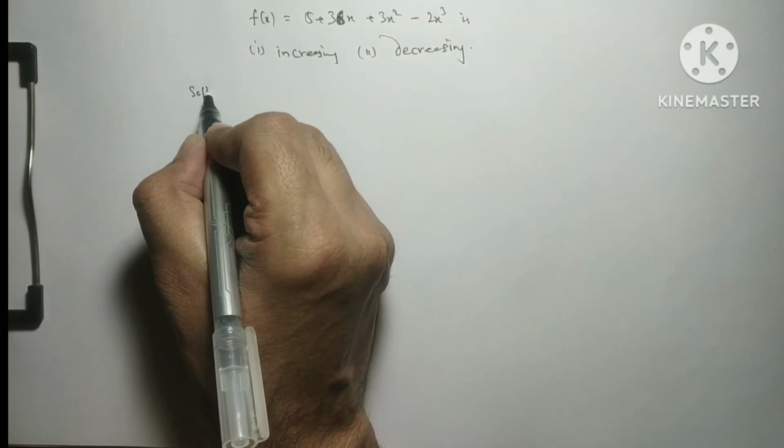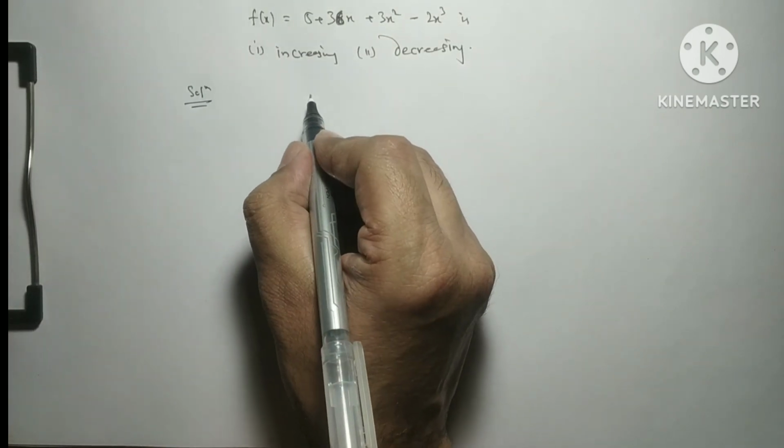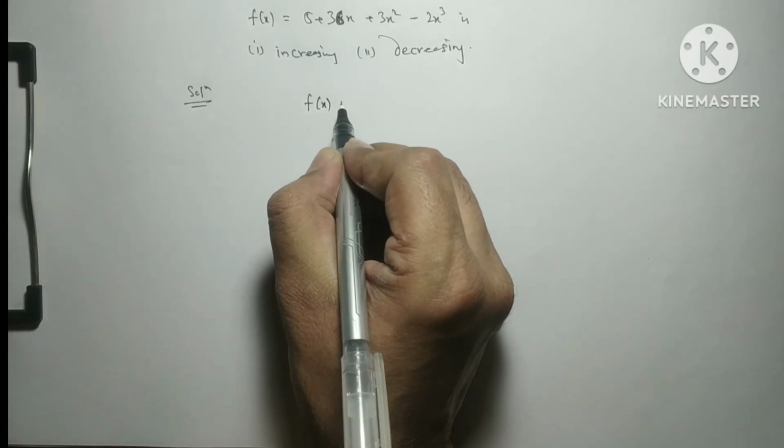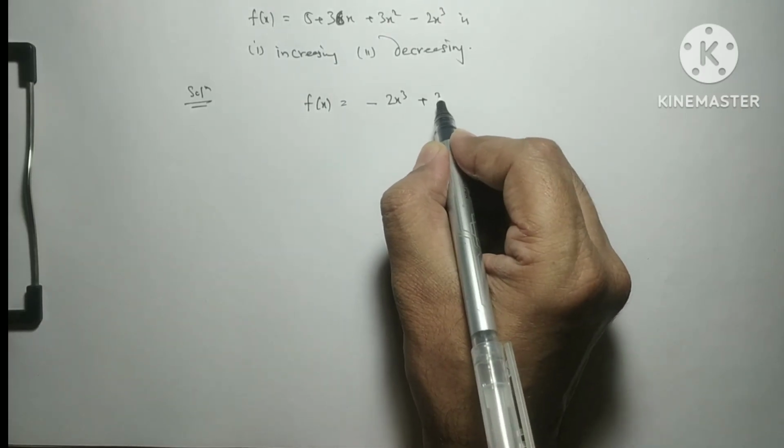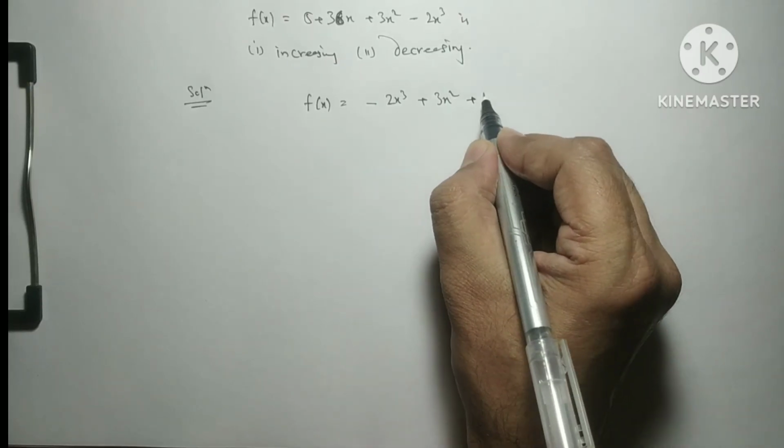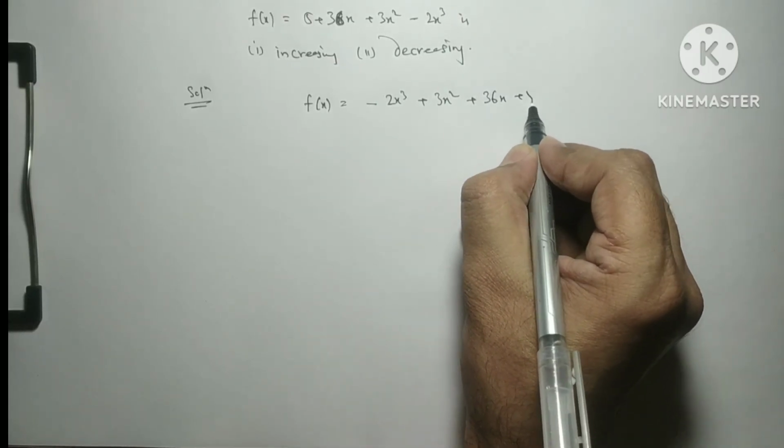So the solution will be, we have the function f x is minus 2x cube plus 3x square plus 36x plus 5.